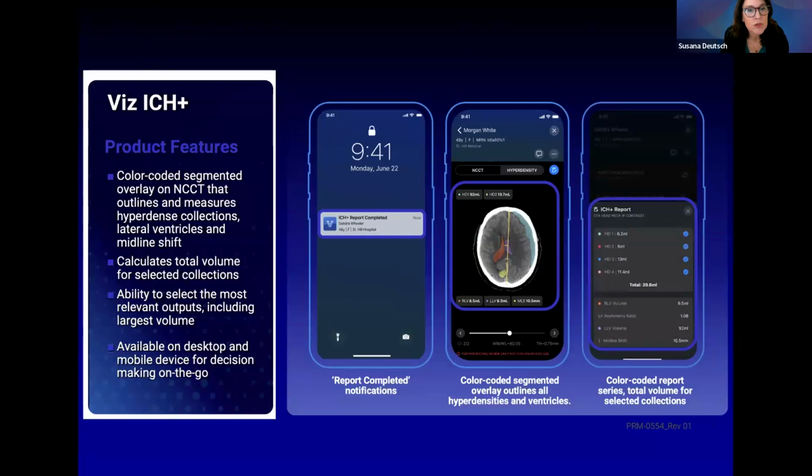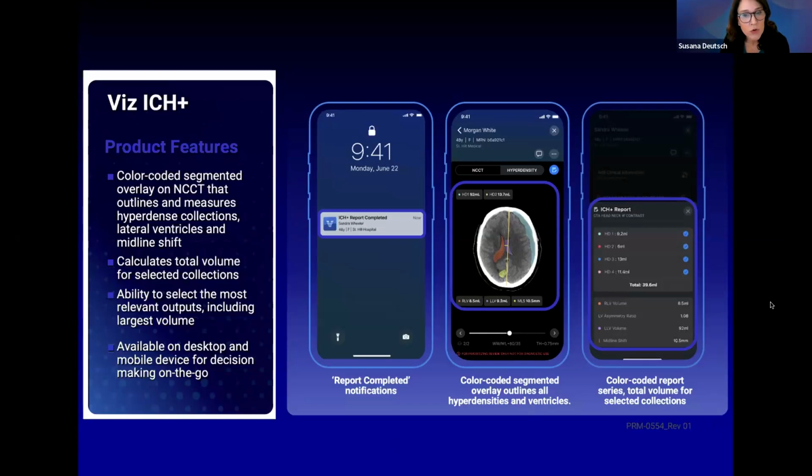And in the middle screen, you can see what's very unique about this measurement algorithm: you will see a color-coded segmented overlay outlining all the hyperdensities and providing measurements for each of these color-coded hyperdensities right on the screen. It also provides midline shift measurement and measurement of the volume of the lateral ventricles.